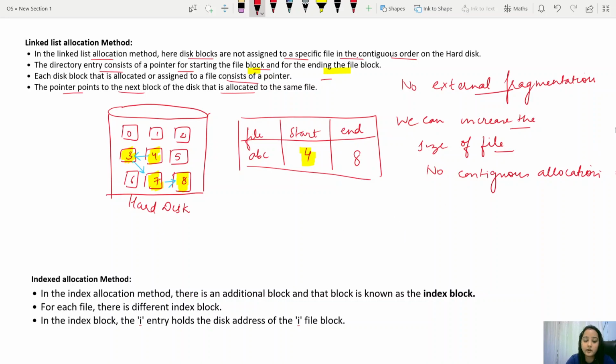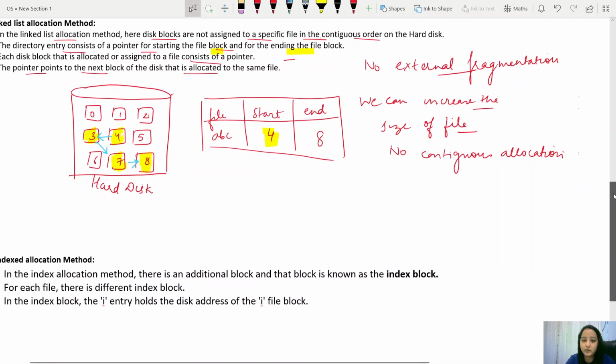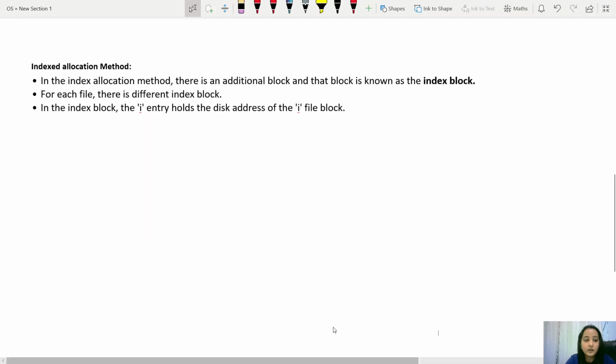Next one is indexed allocation method. So in the index allocation method, there is an additional block, and that block is called the index block.